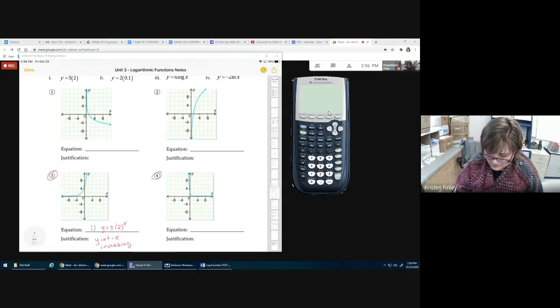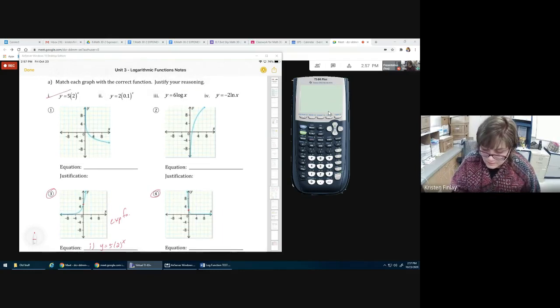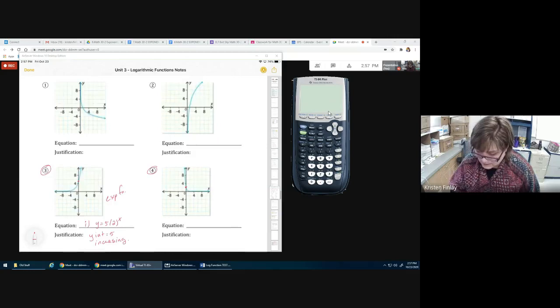And it's an exponential function as opposed to a logarithmic function. Here, my y-intercept looks like it's at 2. So I've used this one. This is the other exponential function, and it's decreasing, so that fits.